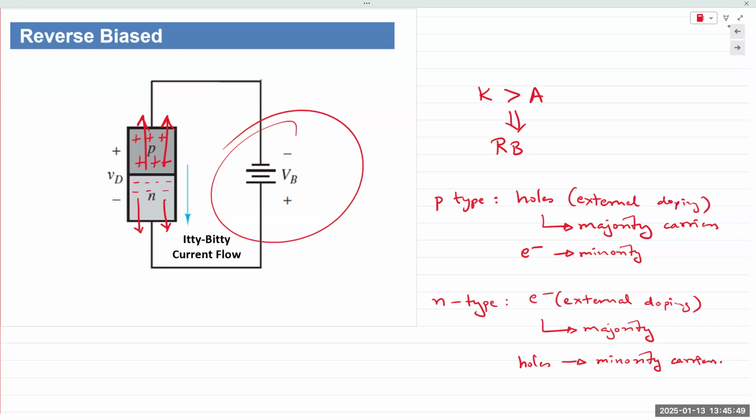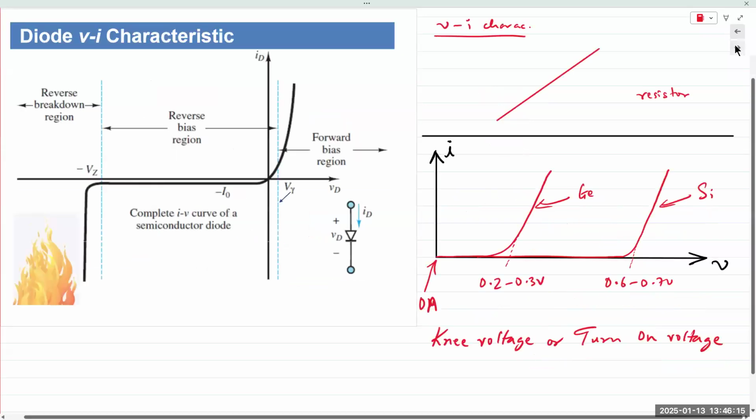But they are so low in number that the resulting current is also very, very low. The value of that current is typically in the nanoamps or the femtoamps range, 10 raised to minus 9, 10 raised to minus 12, 10 raised to minus 15. It is so low that we typically are not able to measure it in the lab. It is also known as the saturation current or the reverse saturation current.